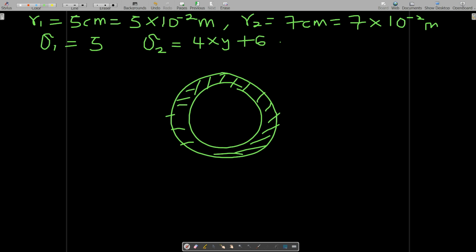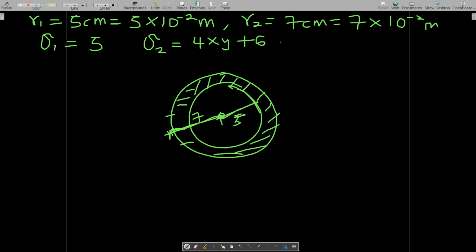From the center of the surface to the inner wall of the ring is a radius of 5 centimeters, which is the same as 5 times 10 to the negative 2 meters. From the center up to the outer wall, the length is 7 centimeters.